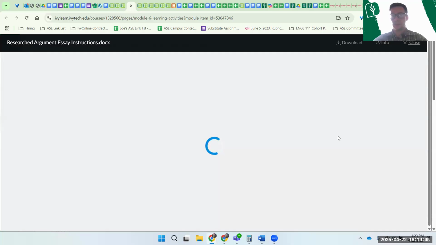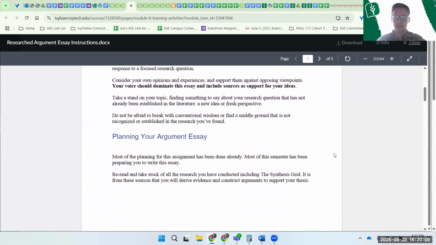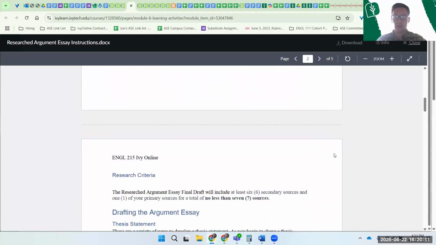Let's look at those. So just like with our argument analysis essay, if we utilize the instructions to help us build the essay itself, then we're more likely to produce something that's closer to what the rubric is, closer to how your writing is going to be graded. So use these writing instructions as a guide for you.